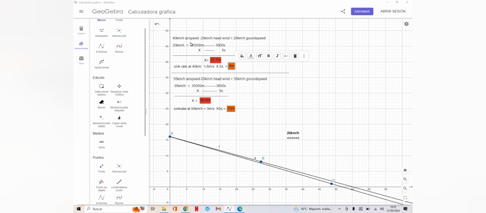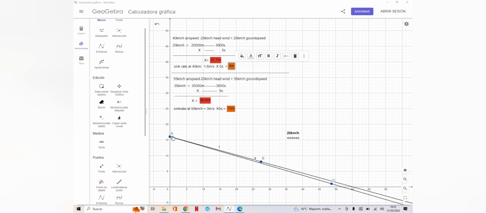Okay, so first scenario: 40 kilometers per hour airspeed minus 20 kilometers headwind is 20 kilometers per hour ground speed, which is 20,000 meters per 3,600 seconds. So in 5 seconds, we advance 27.7 meters.